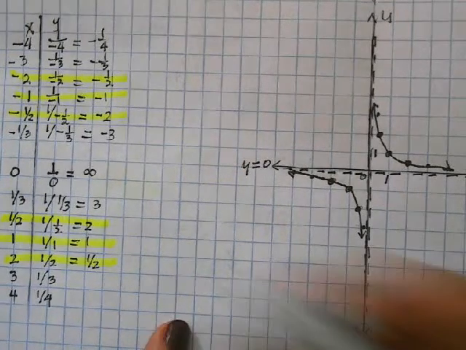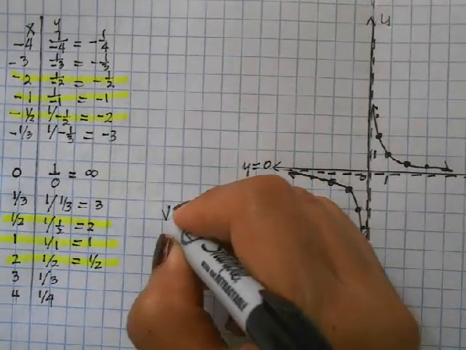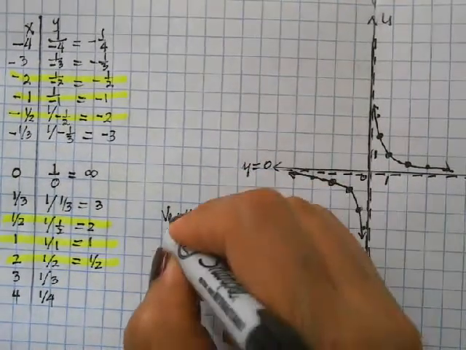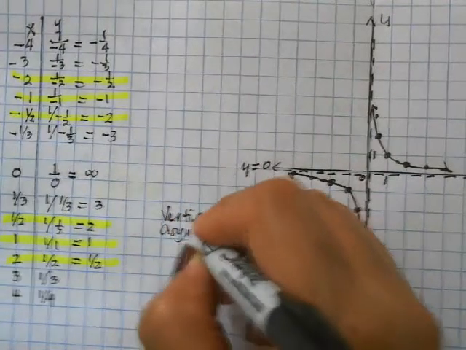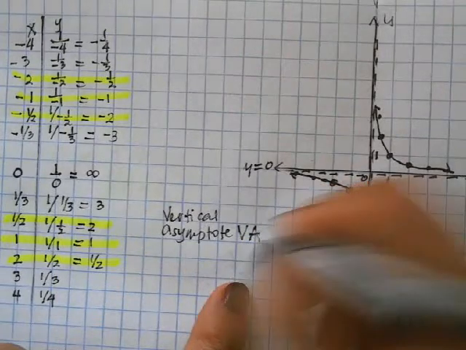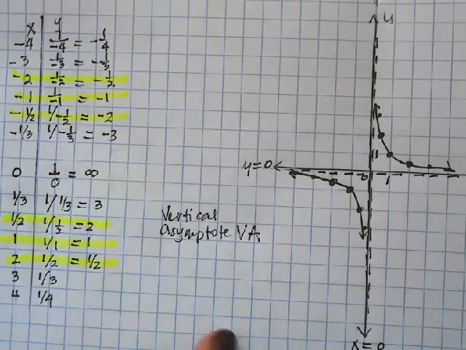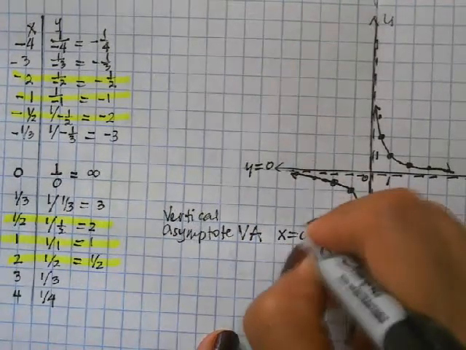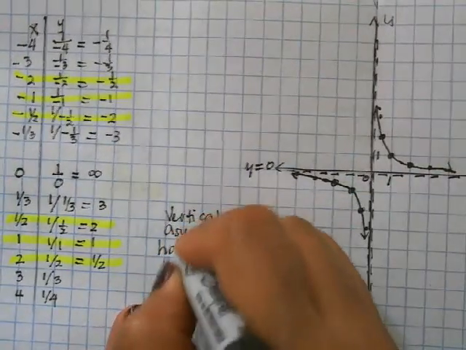So we will just get the vertical asymptote. What is the vertical asymptote? Let's shortcut it to VA. So vertical asymptote is x equals 0. What is our horizontal asymptote?